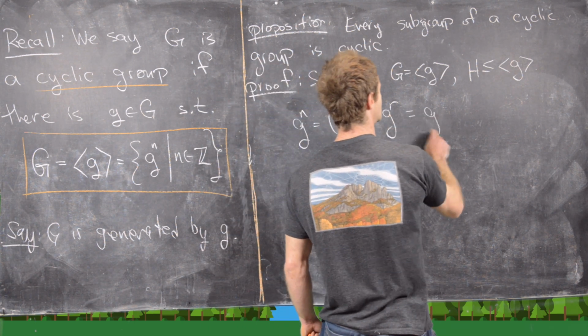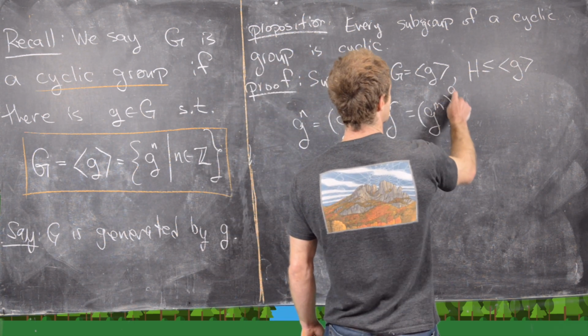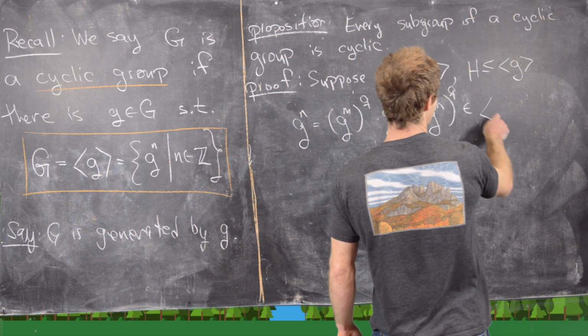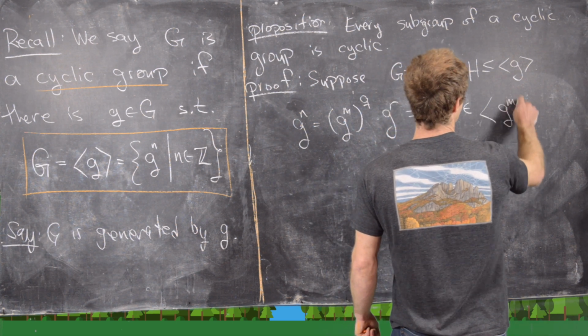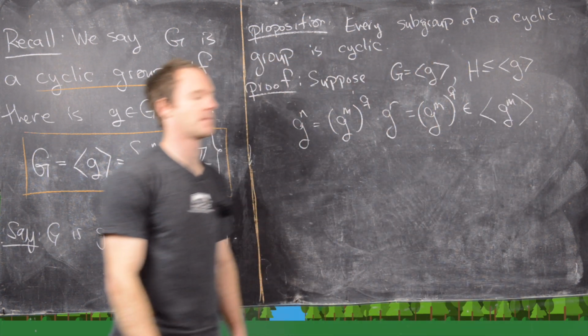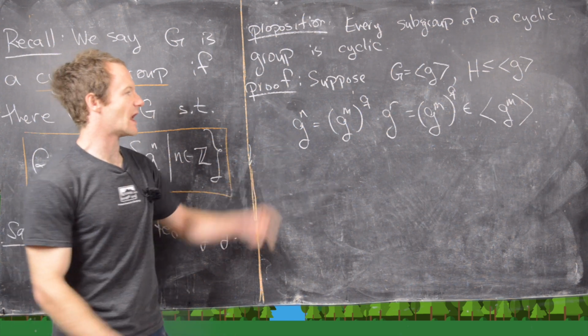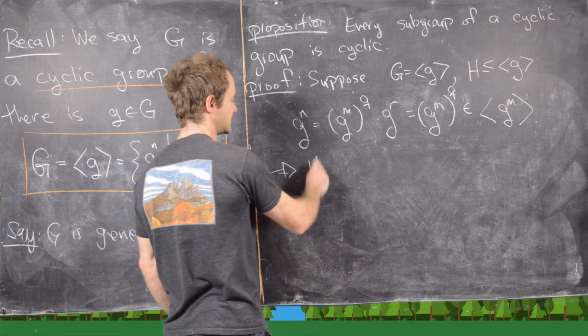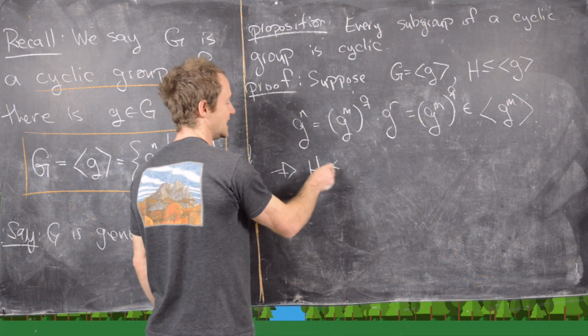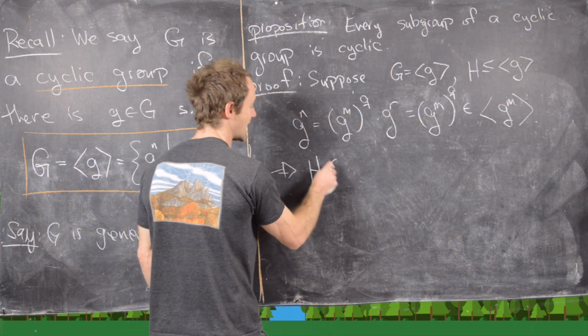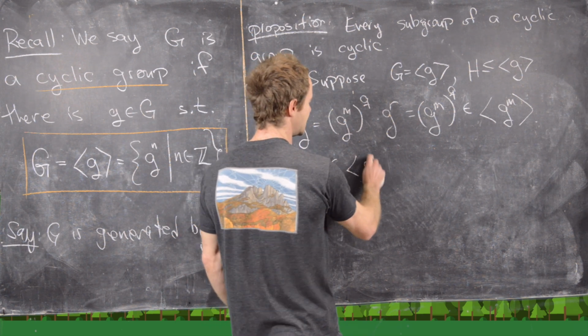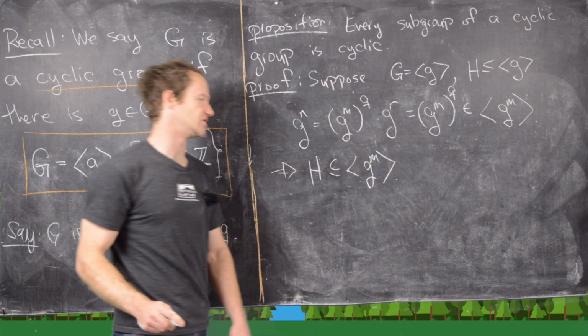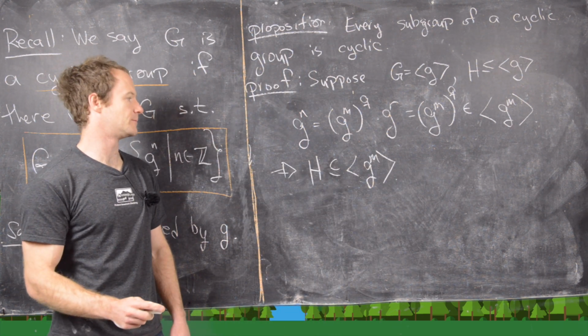So this is equal to g to the m to the q power, but notice that is an element of the cyclic subgroup generated by g to the m. Great. So now what that tells us is that this subgroup H is contained in this cyclic subgroup generated by g to the m.